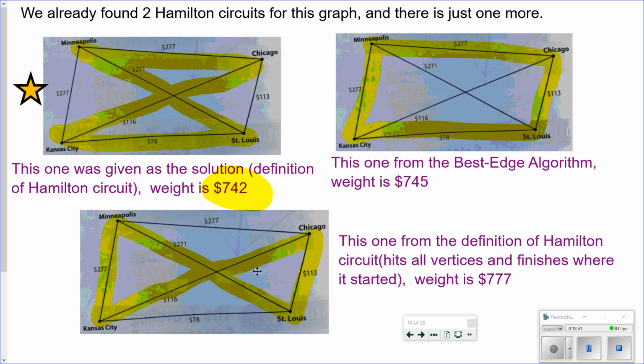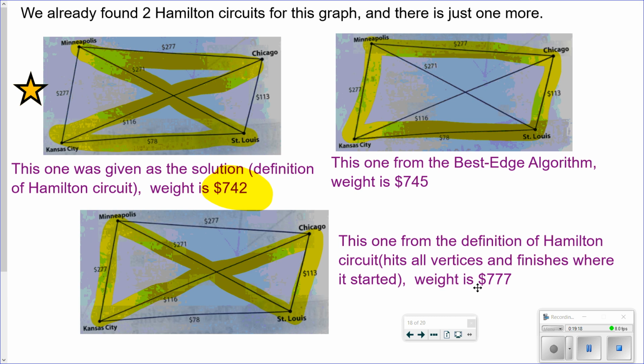And then down here at the bottom, this is one more Hamilton circuit. We know it fits the definition because it hits all the vertices and finishes where it started. Like if I went from Minneapolis to Kansas City to Chicago to St. Louis to Minneapolis, this is actually different than the other two.